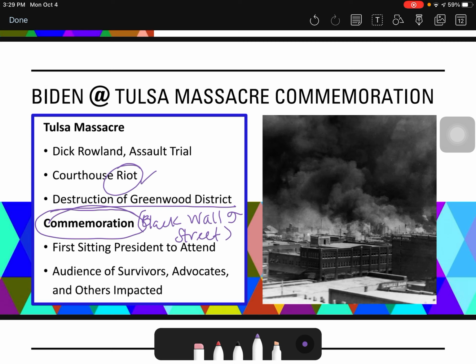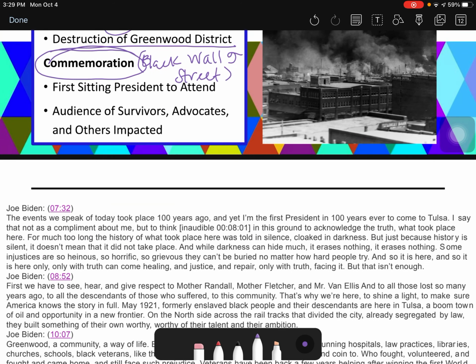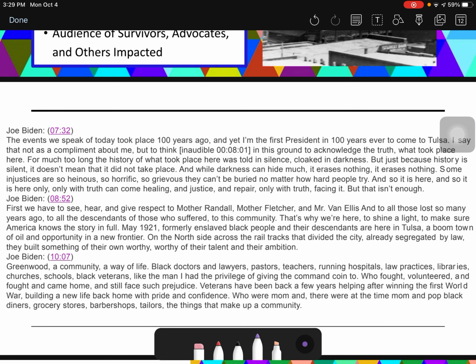So I'm just going to read a little bit of it and kind of explain how he's addressing the values of the audience to give you an example of what compassionate writing can look like.